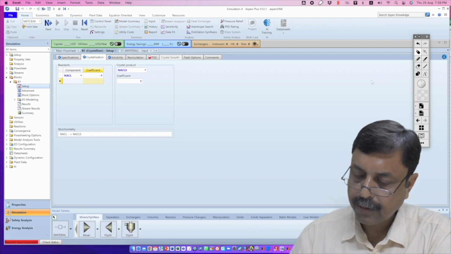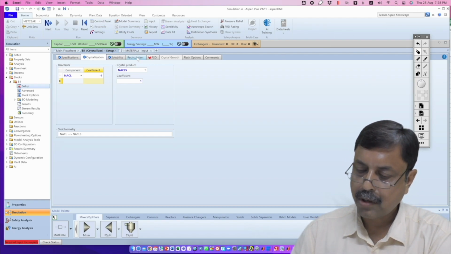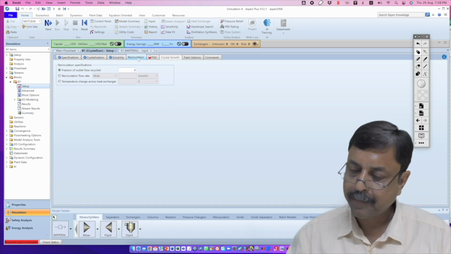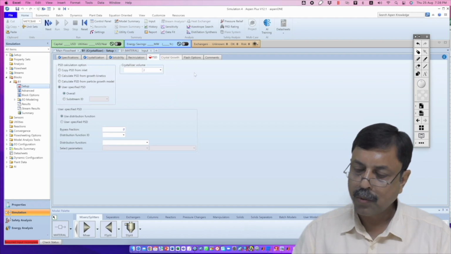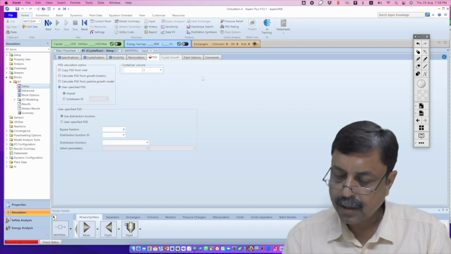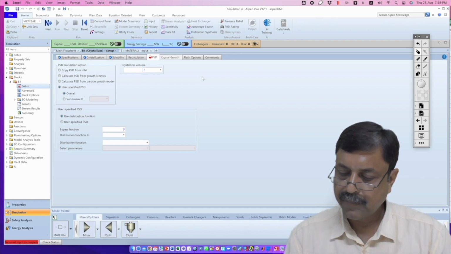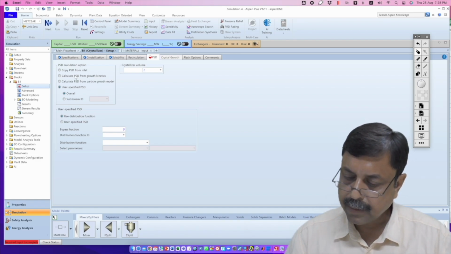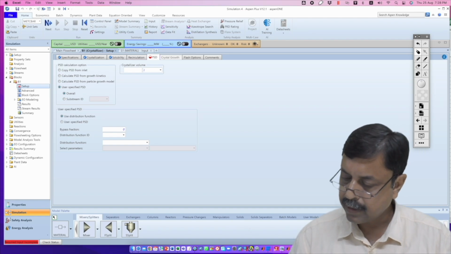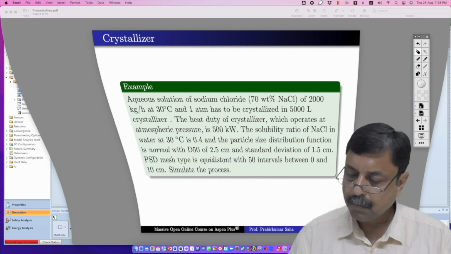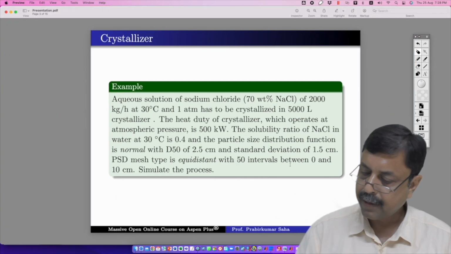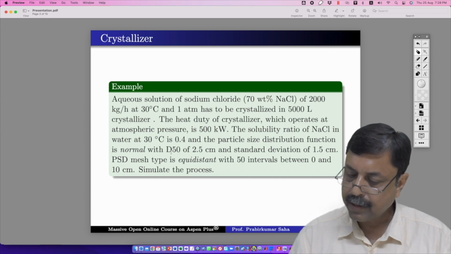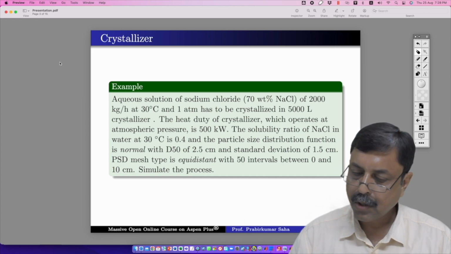So this is done. Let us not use any recirculation. We can directly go to particle size distribution. For the time being, let us use the particle size distribution, whatever in the example it is said, it is normal with D50 2.5 and standard deviation 1.5.